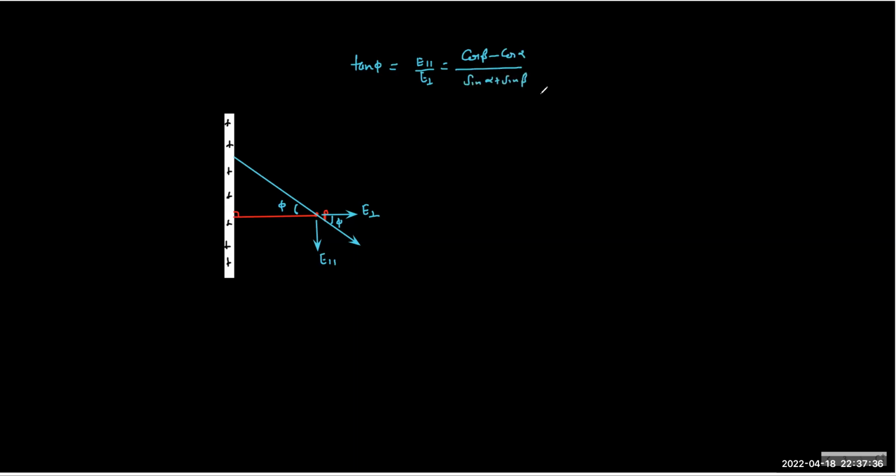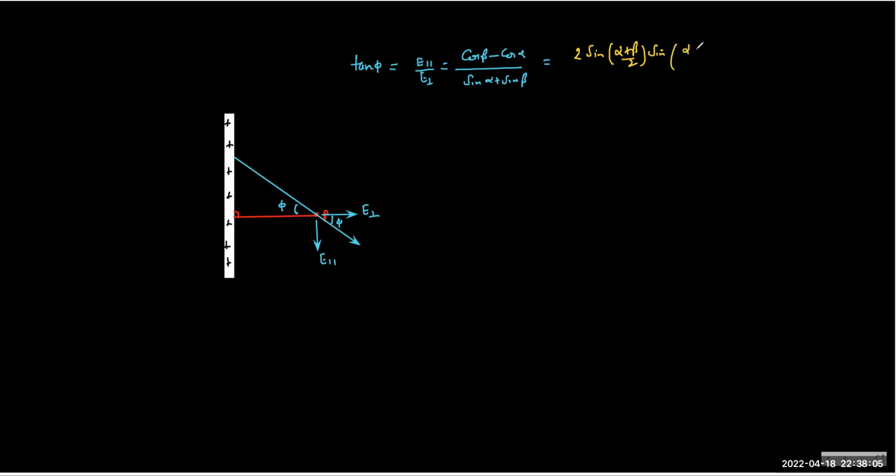Yes, sir. Now we can apply the compound angle, the half angle formula, the cos c minus cos d formula. Cos c minus cos d is how much? 2 sine of c plus d by 2 into sine of d minus c by 2.